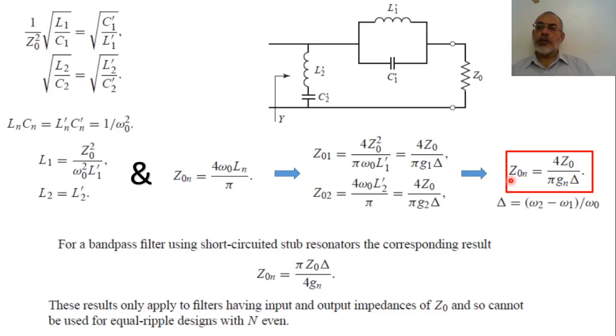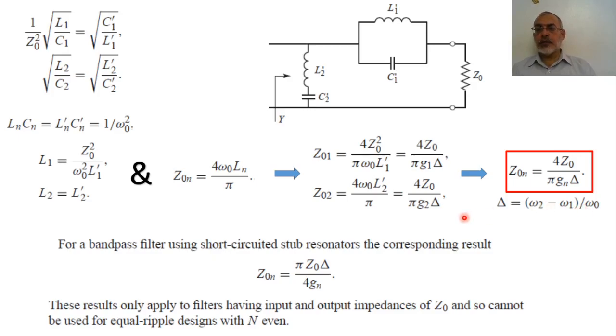So in the coupled resonator filter, the characteristic impedance of the resonator n is given by 4 Z naught over pi, the value of Gn of the prototype multiplied by delta, where delta is the fractional bandwidth of the bandstop filter, which is omega 2 minus omega 1 over omega naught.